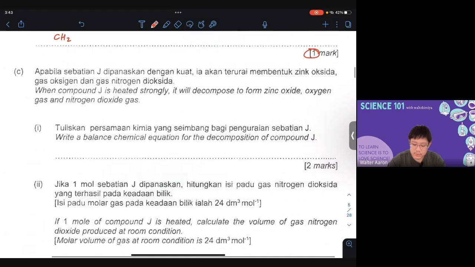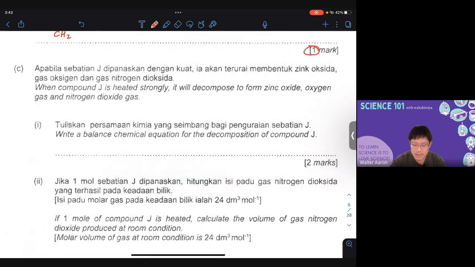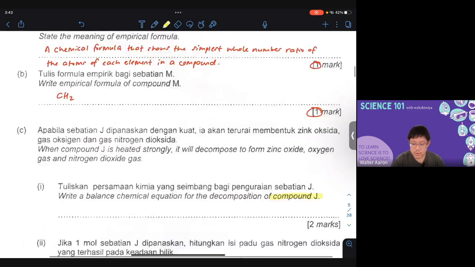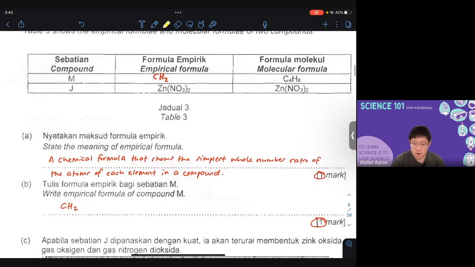And then after that, for C itself, when compound J is heated strongly, it will decompose to form zinc oxide, oxygen gas, and nitrogen dioxide. So write a balanced chemical equation for the decomposition of compound J. What I'm going to do here is very simple. I'm just going to write the equation, but remember, we are going to write the decomposition for compound J. Since you already know the formula, it's fine.